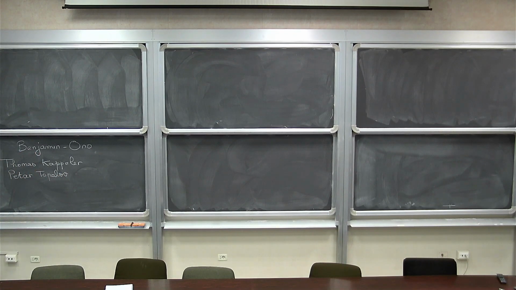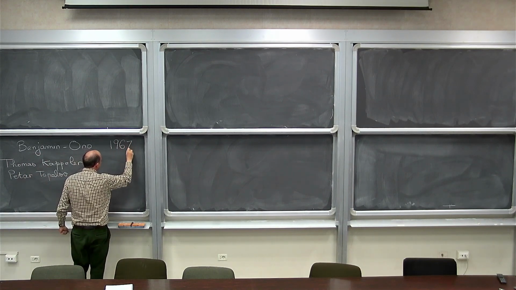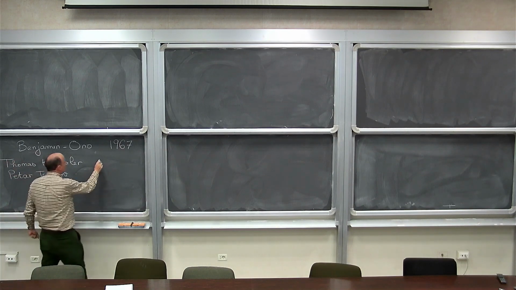So again, the birth date of the Benjamin-Ono equation is 1967, and you can easily find the paper by Benjamin in the Journal of Fluid Mechanics.